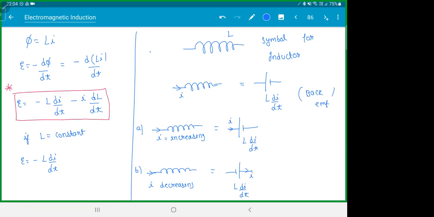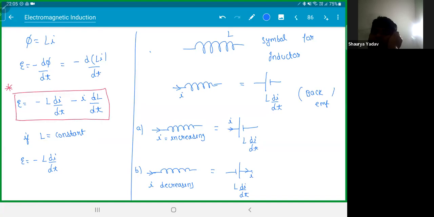So there is a second formula. First formula is flux is equal to Li. Second formula is E is minus L dI by dt. Check it out. So can you show the previous?